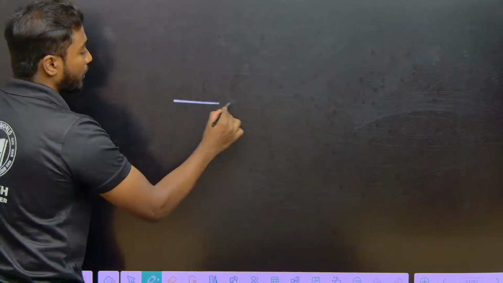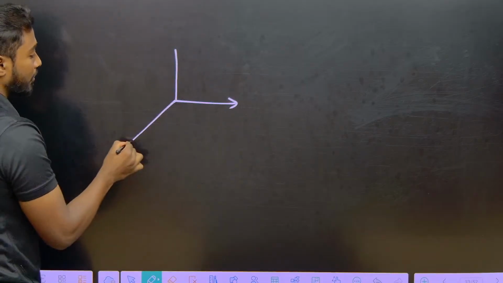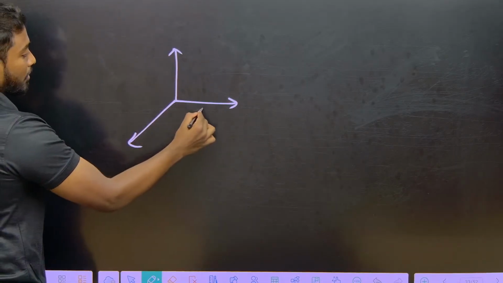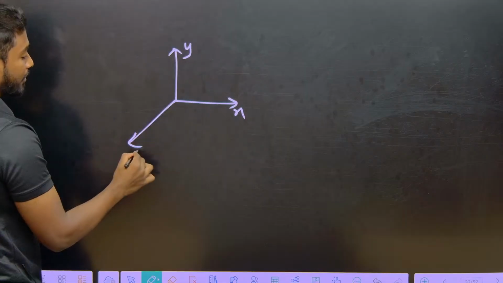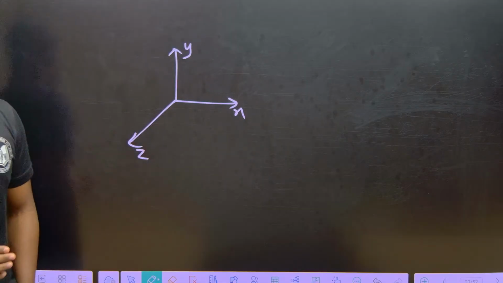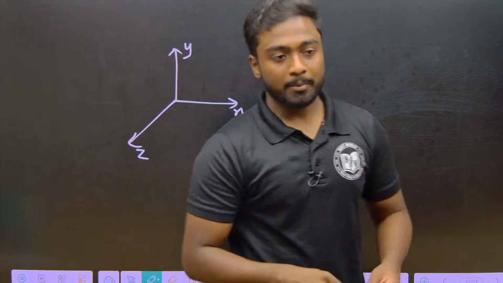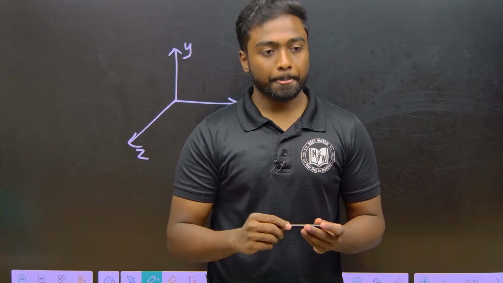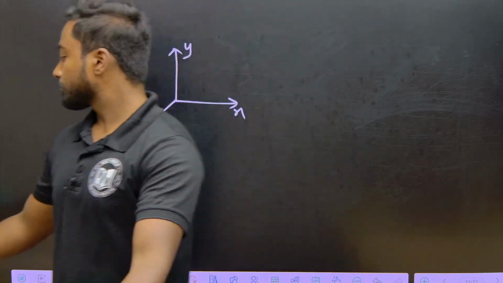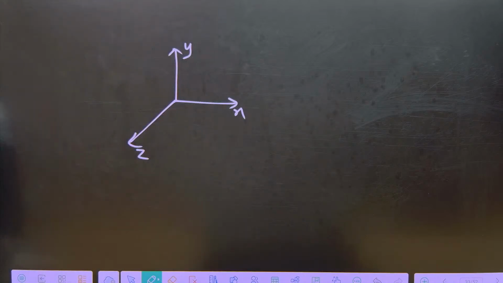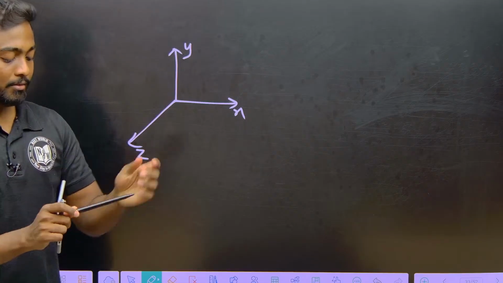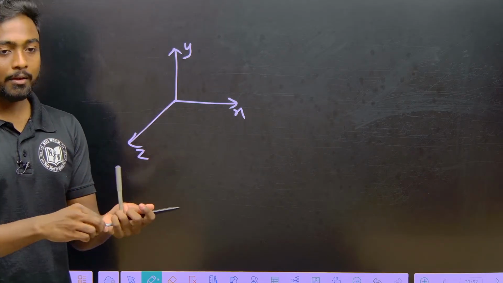So this is my vector A. I consider this is x axis, y axis and z axis. So vector A to B, I am doing cross multiplication, cross product. This is my x axis, this is my y axis and this is my z axis.